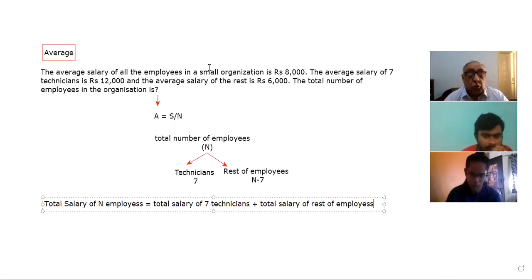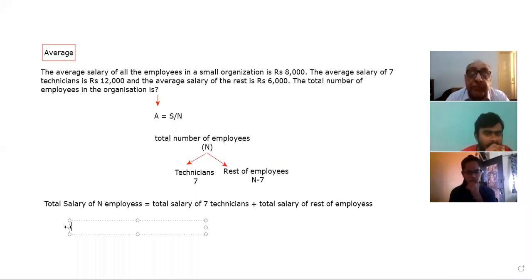So now total salary of n employees. I told you that A is equal to S upon n. Average is equal to sum of observations divided by n. Sum will be equal to average into n, right? So total salary of n employees will be n multiplied by the average salary of all employees, 8,000, that is 8,000 n.